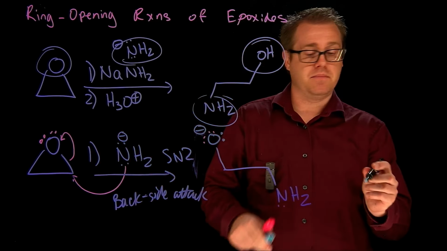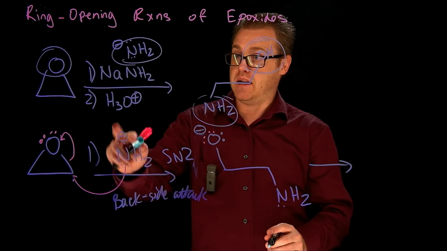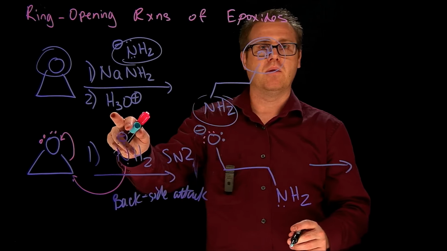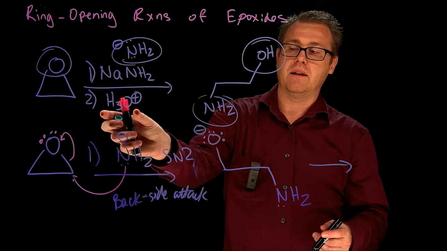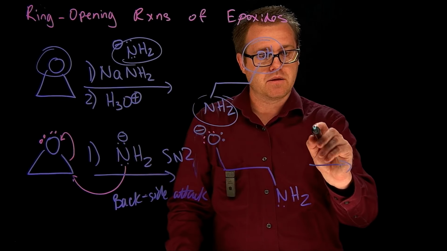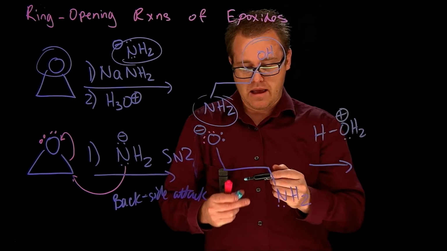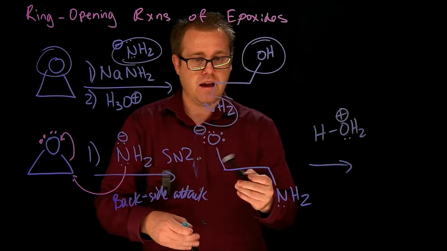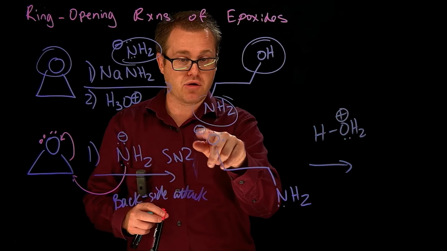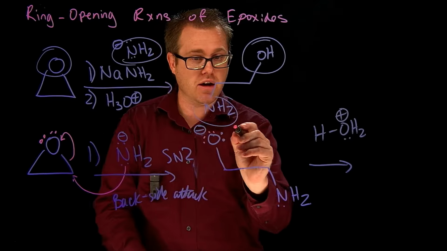Then the next step right here is the aqueous workup, or no, more accurately, the acidic workup. So we have our hydronium right here, and that's going to be our acid. And we have a strong base right here, negatively charged oxygen.